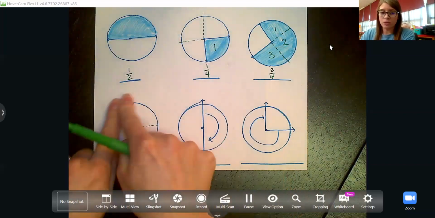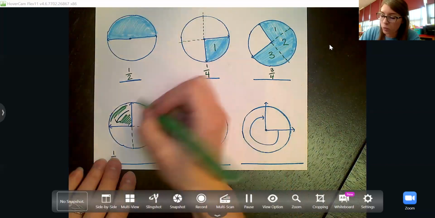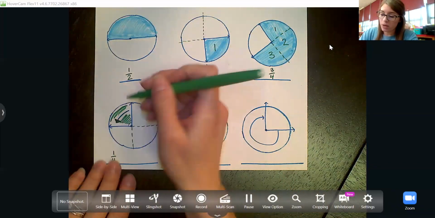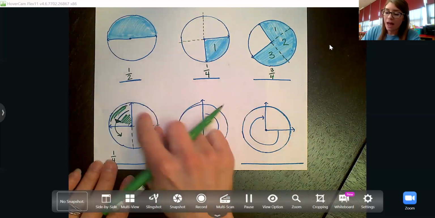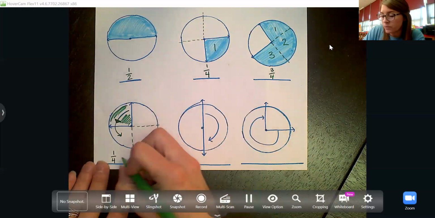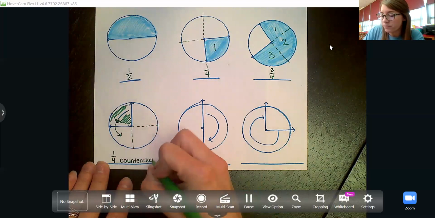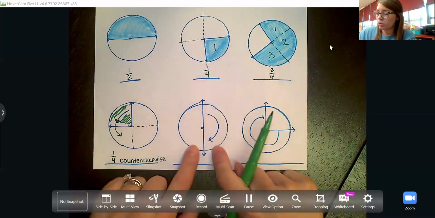Counterclockwise goes this way. The thing that's going to give you the biggest hint is going to be the direction that the arrow is pointing. The direction the arrow is pointing is going this direction, which would make this counterclockwise. So this is a 1/4 counterclockwise turn. Very good.